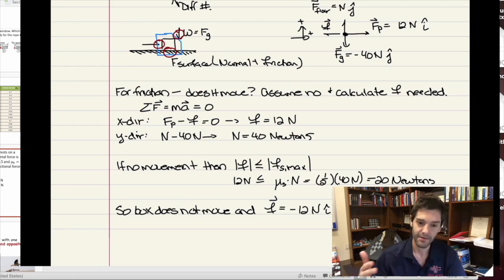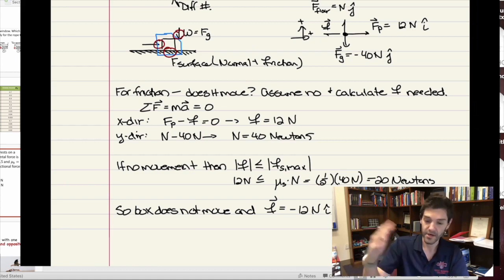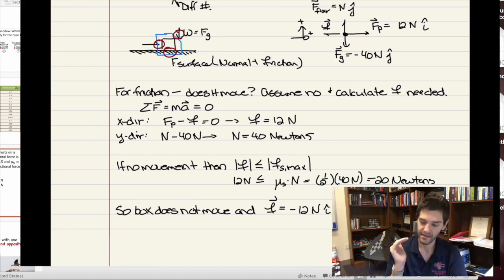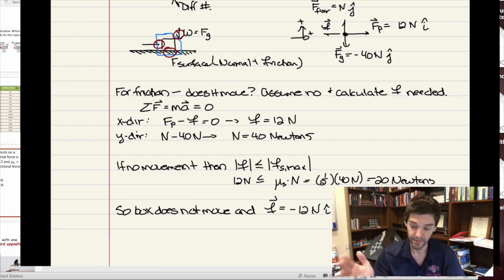You would have to say the acceleration is some non-zero value. And friction there is then not unknown. If there's motion, you know what friction is. Therefore it's the kinetic friction, mu k times N. So there's a number, where here was what we had to solve for, and then you would be able to solve for the resulting acceleration on the box.